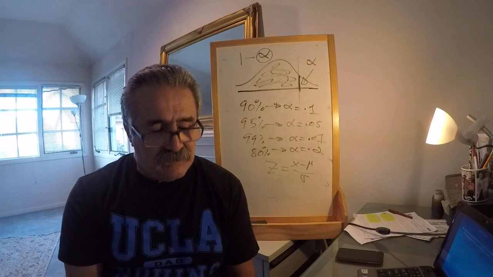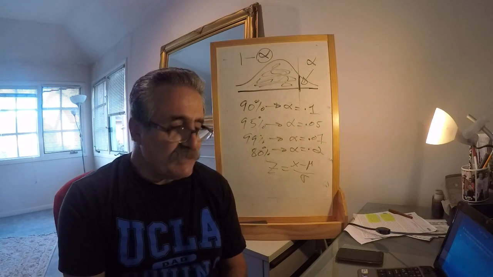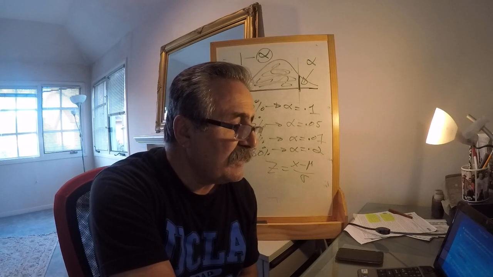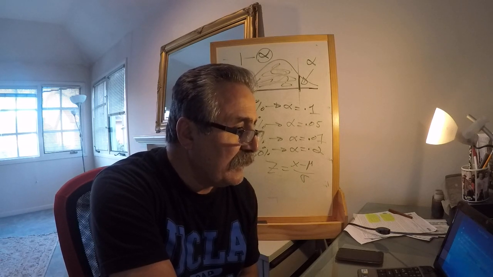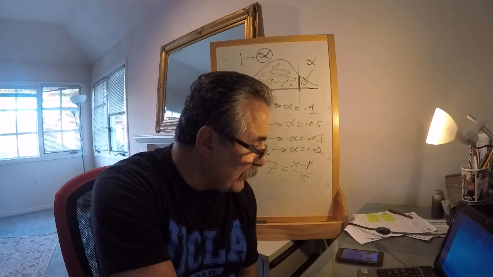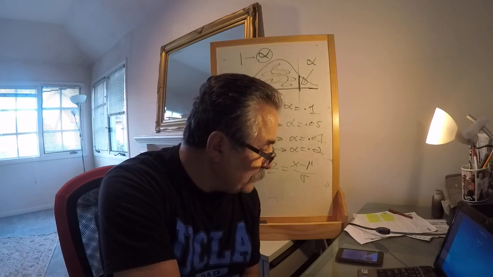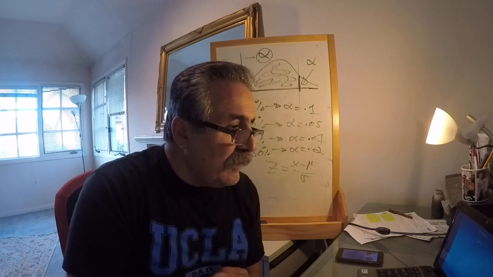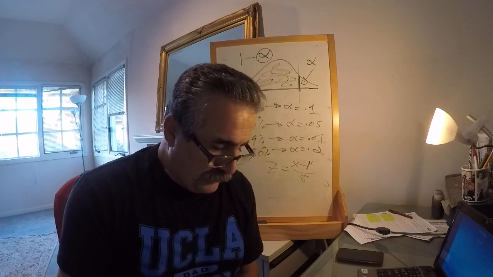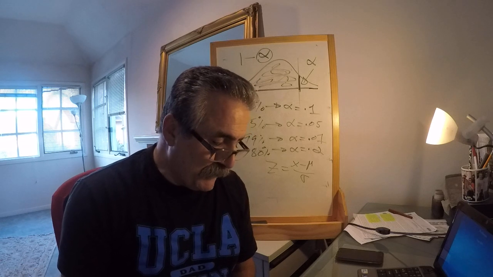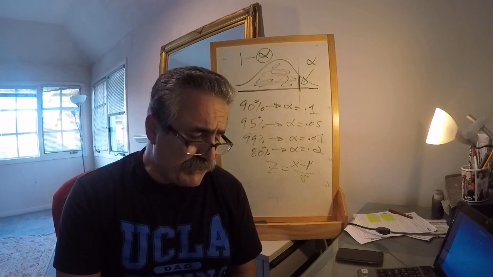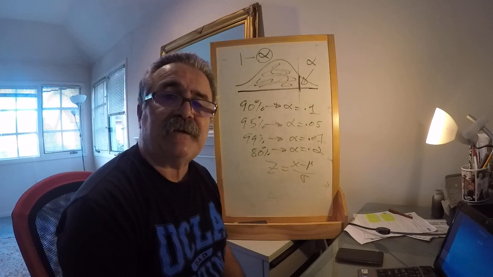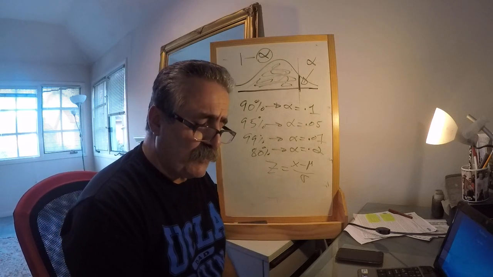All right? So now we're going to go ahead and do a problem for, I think, type 1, type 2 error. Problem number 7. This is a good example talking about the type 1 and type 2 error.